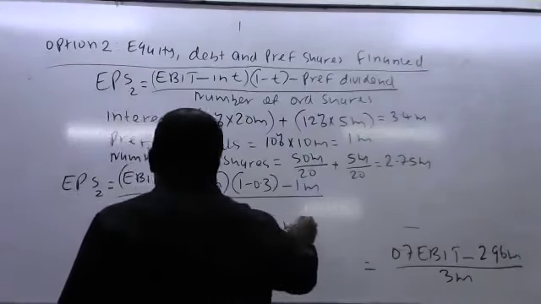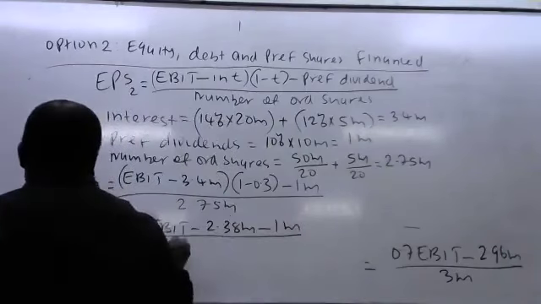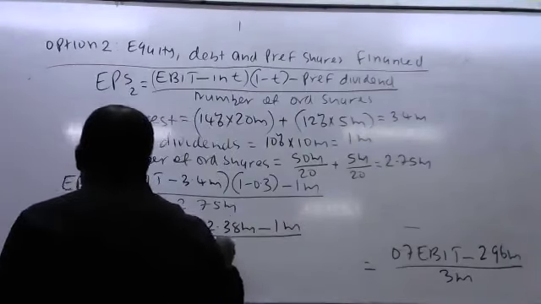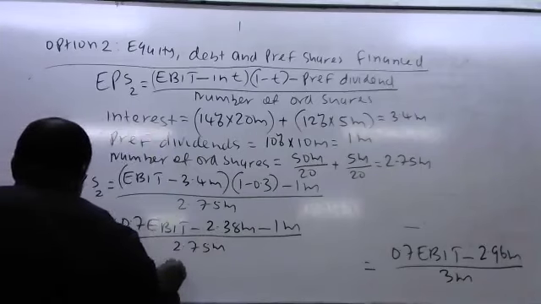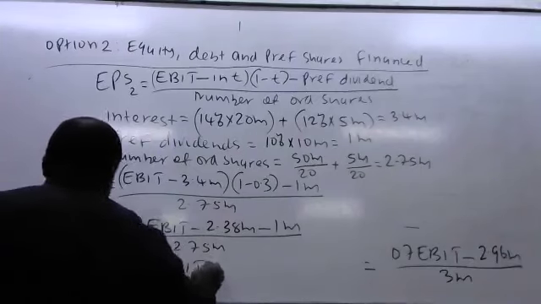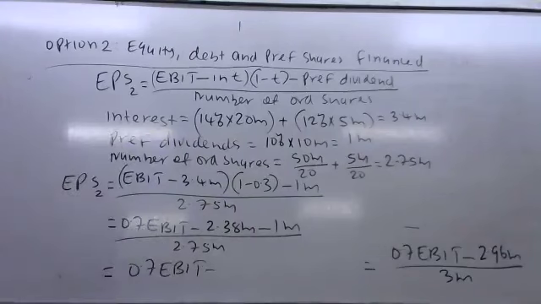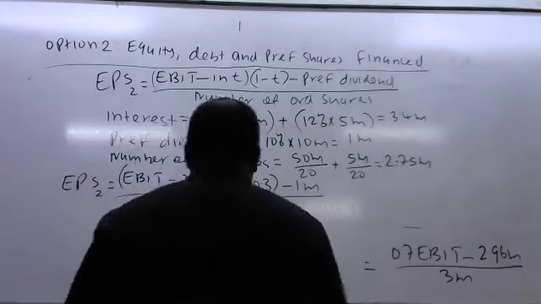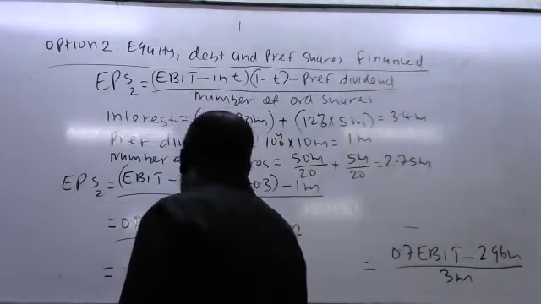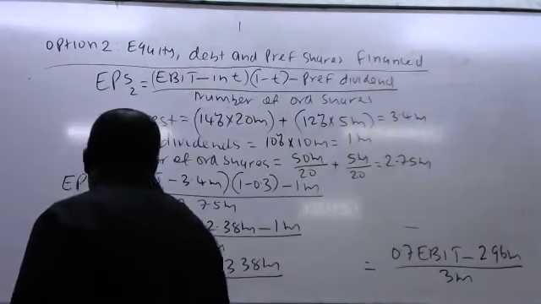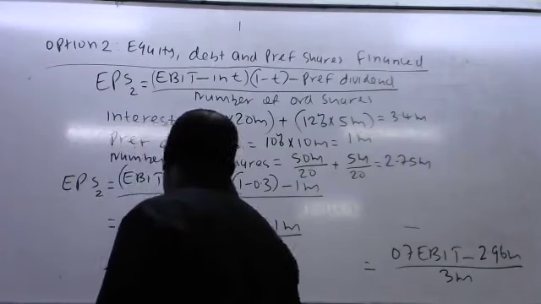Also minus 1 million. Then divide by 2.75. So finally, it will be 0.7 earnings before interest and tax, minus 2.38 minus 1, which should give us a total of 3.38, divided by 2.75.